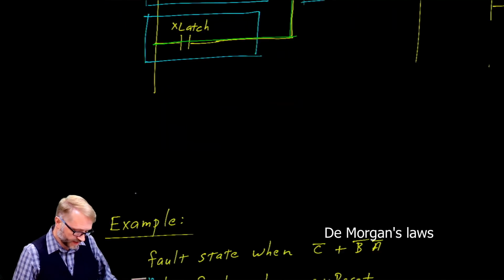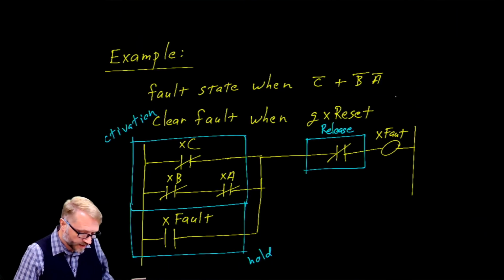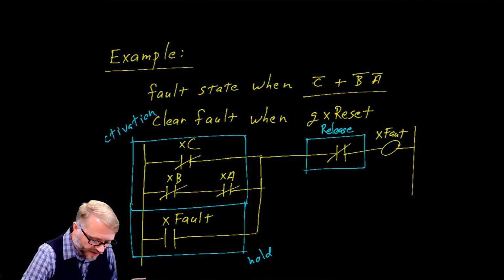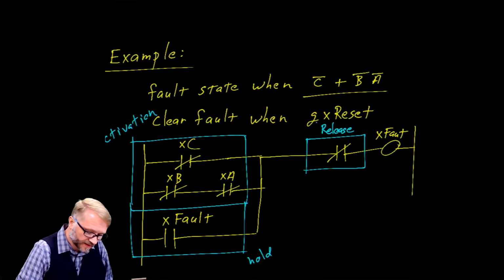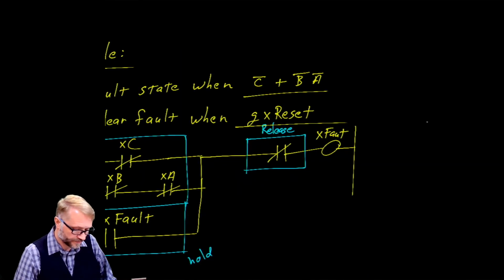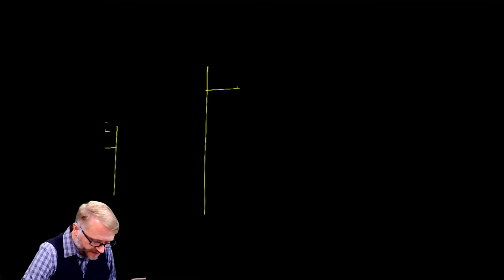The other example was down here. We want to enter a fault state when not C, or the product of B naught, A naught, and we want to clear the fault when the reset button is pushed. Using set reset coils, that looks like this.